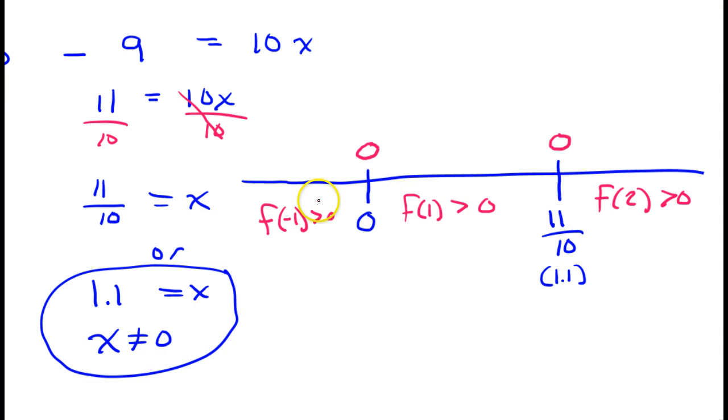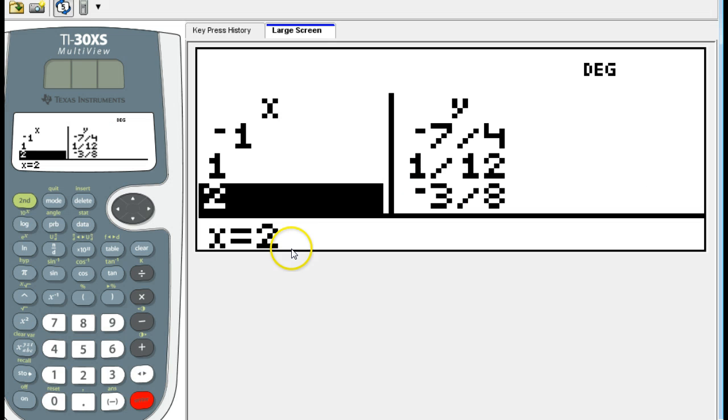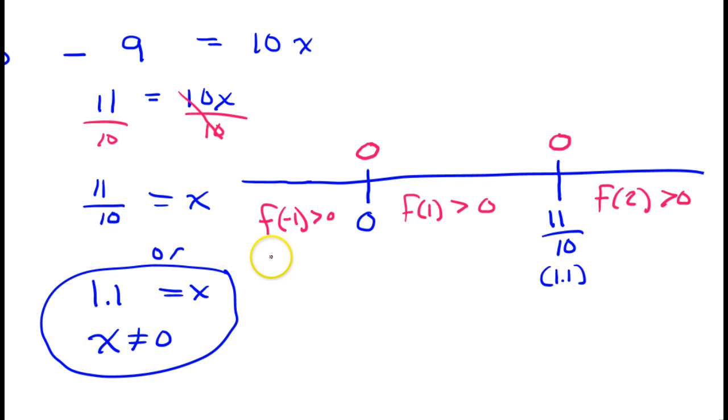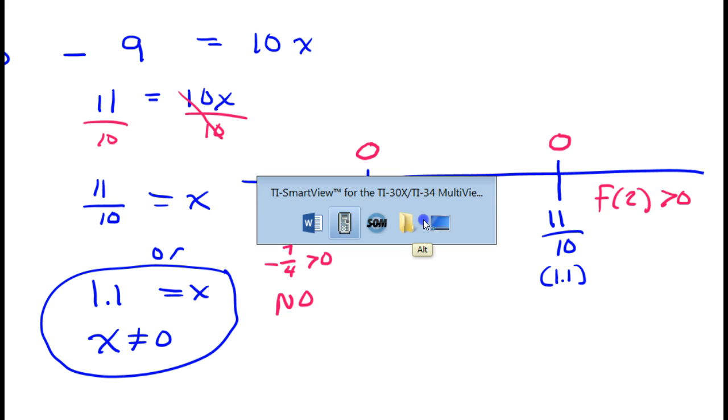Okay, now, I want to know where is it greater than 0. In fact, let's just write this down. So we have -7/4. So the question is, is -7/4 greater than 0? No, it is not. Okay, what about at 1?